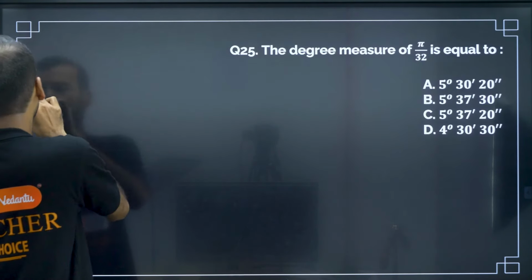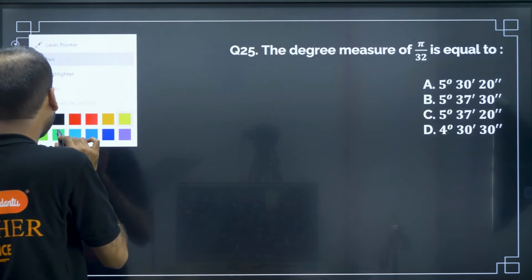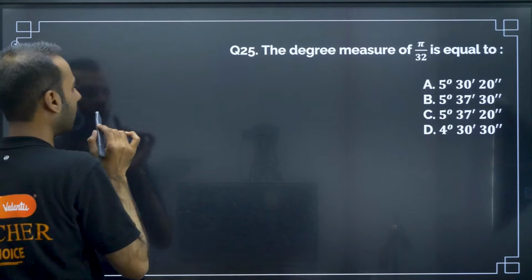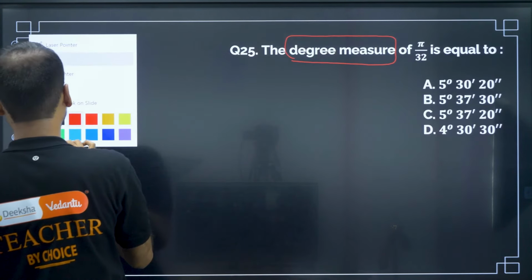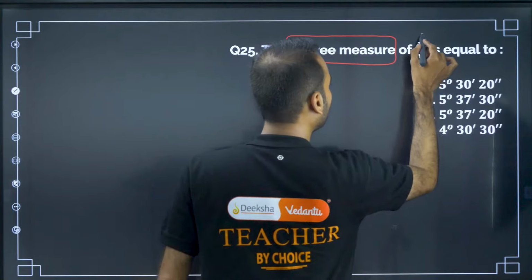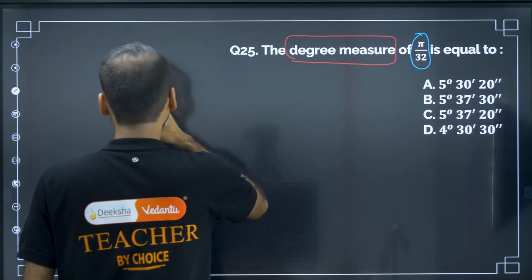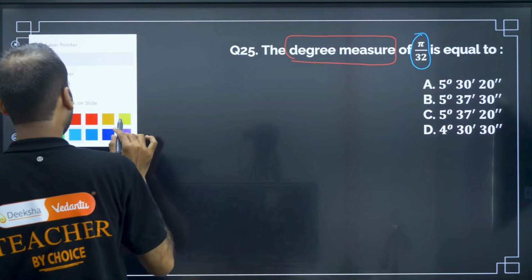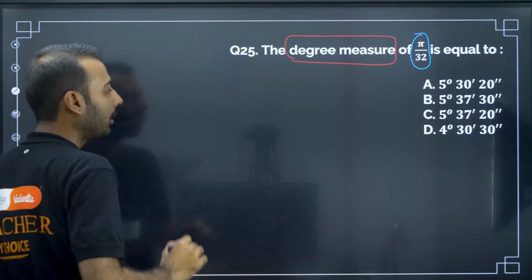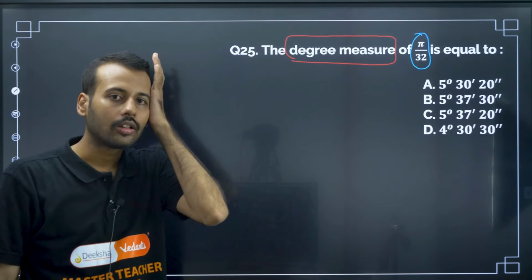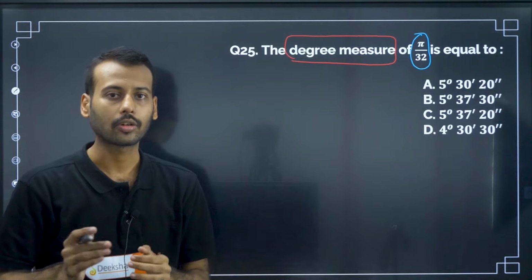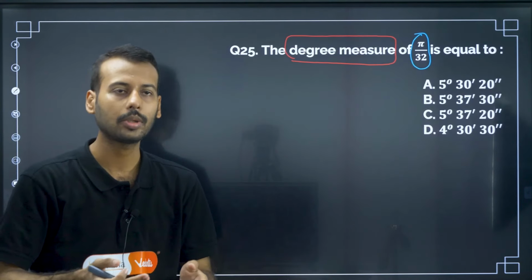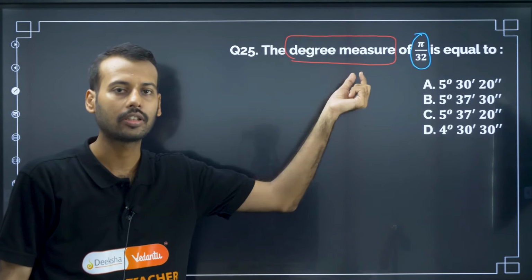The degree measure. What are they asking? They are asking degree measure of pi by 32 is equal to. All this degree measure, radian measure, they will teach you in the starting of trigonometry. Introduction to trigonometry starts with definition of angle, and then units of angle.